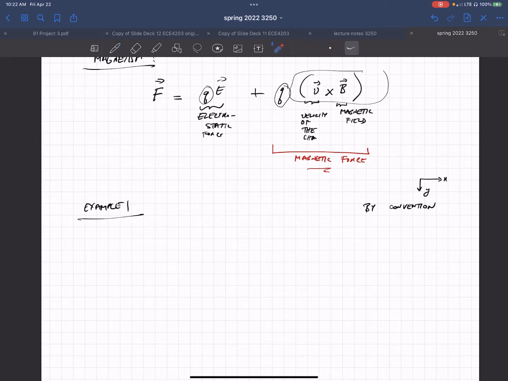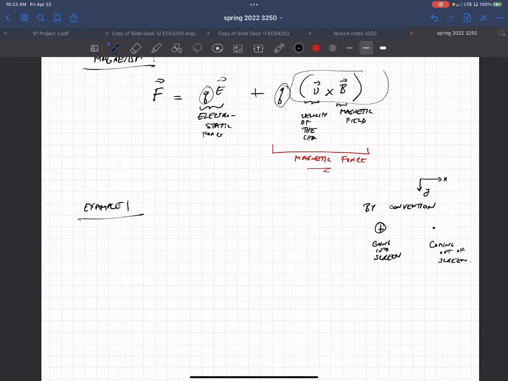We have the plane of the screen to draw stuff on, and then I have to draw stuff coming out of the screen and into the screen. Anything going into the screen looks like a plus. So this is going into the screen, or the whiteboard, or a piece of paper, whatever you want to think of it as. And something like this is anything coming out of the screen towards your face. Okay, so that's the convention.